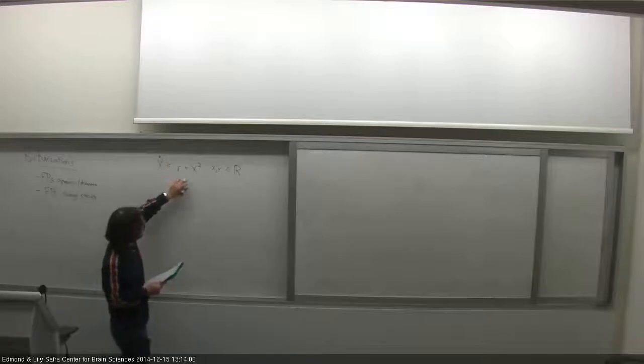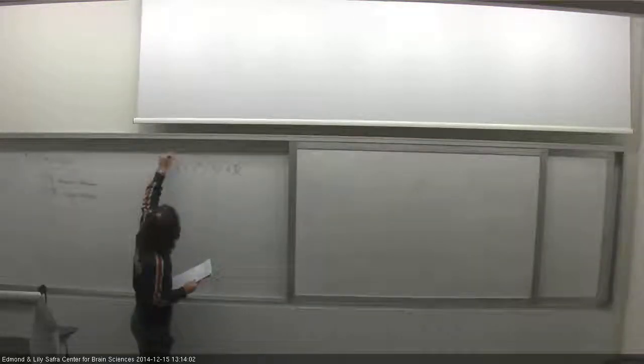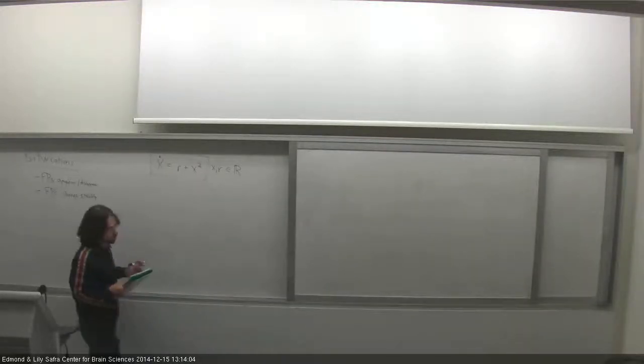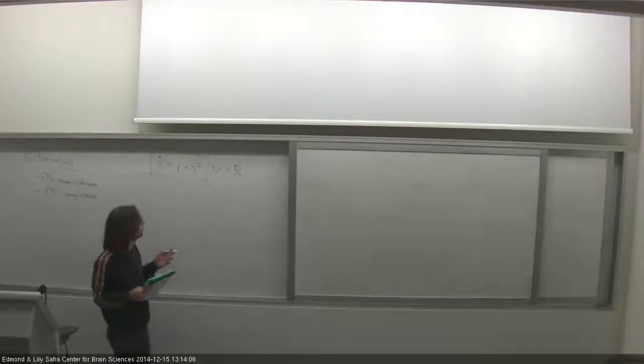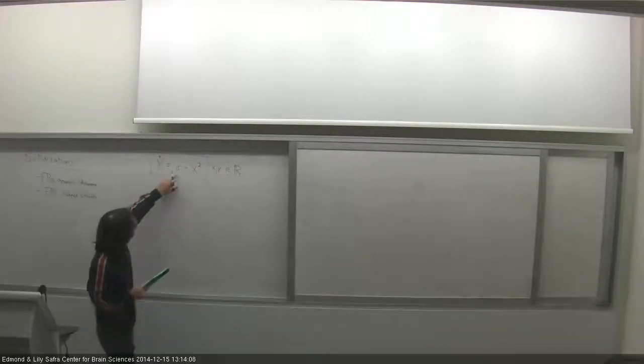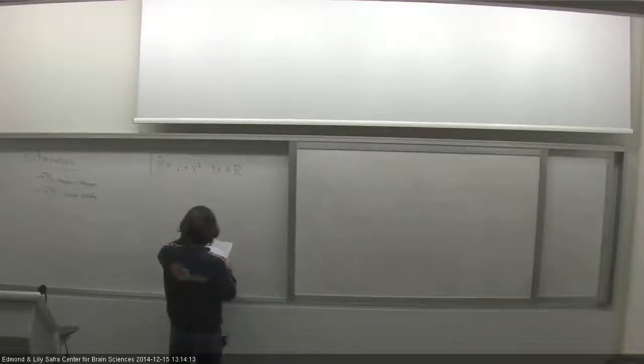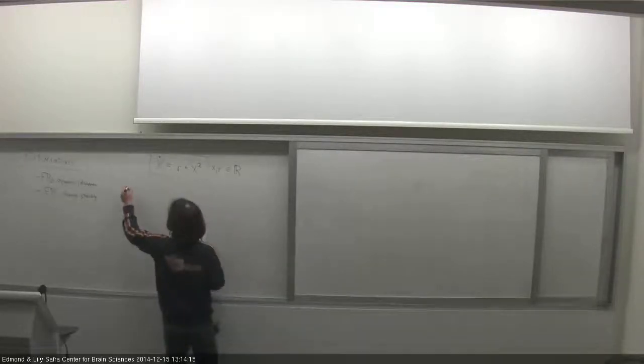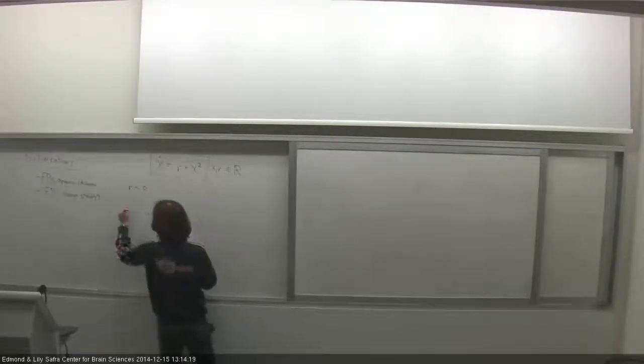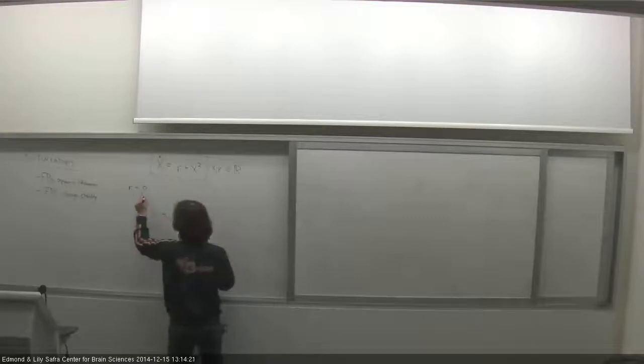So we have this system. It's pretty simple to analyze, but the value of r is important. So we'll start with a negative r. This is just a parabola shifted downwards.